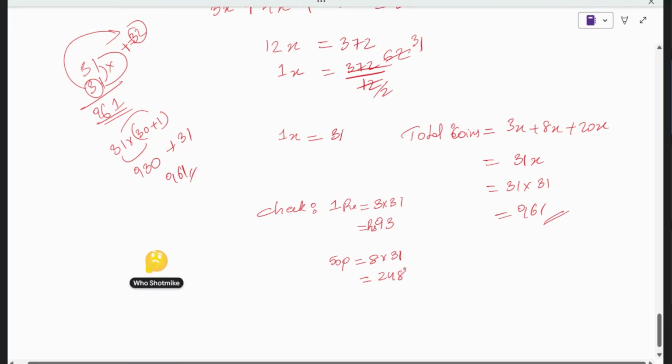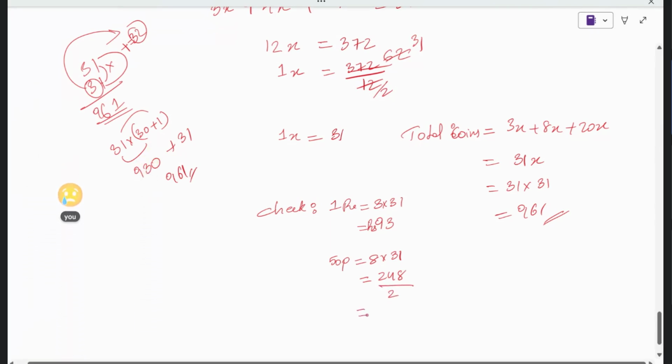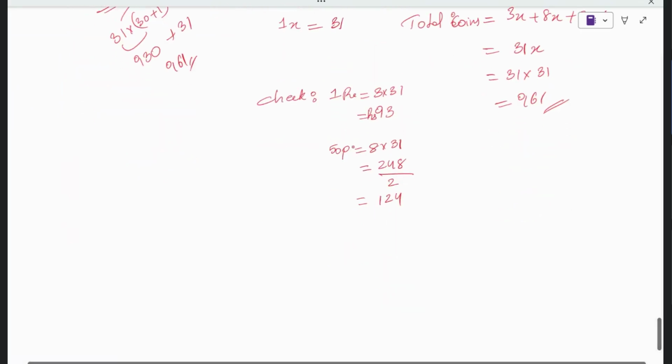However, 2 coins of 50 paise will give us 1 rupee, for which we need to divide by 2, or no? So 124 rupees. What about for 25 paise? 20 into 31, over 20x, then this will give us 620, or no.